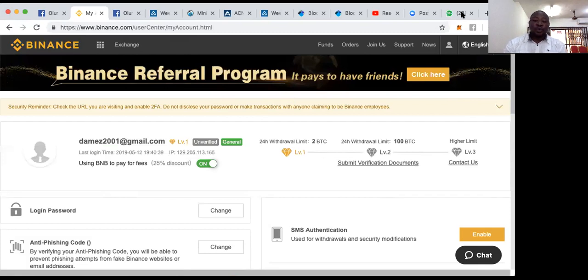The other exchange we will look at is Yobit. Now, for some of us on our platforms, why do we use Yobit?